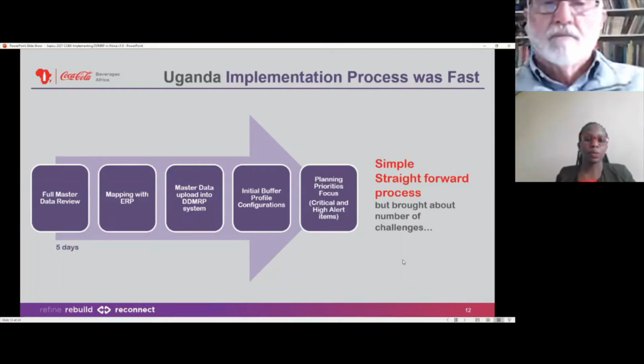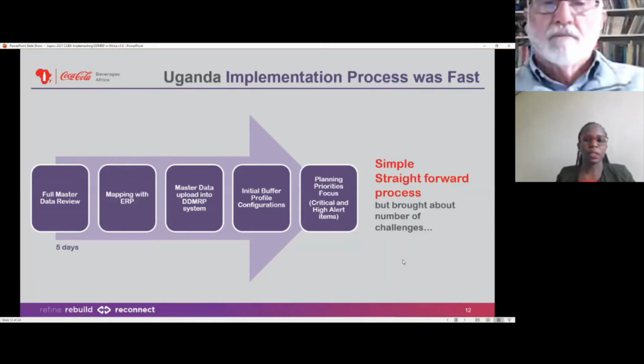And then we went on to upload this master data into our DDMRP system that captured initial buffer profile configurations that would be the buy, the distribute and make items for our manufacturing process.